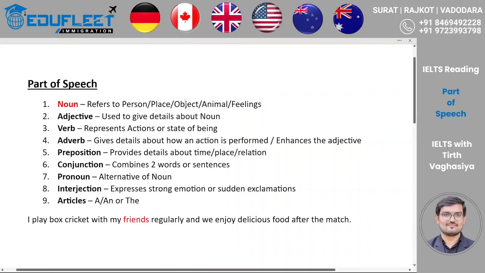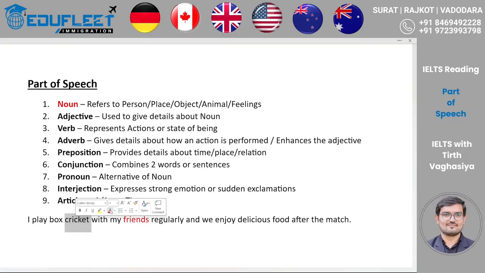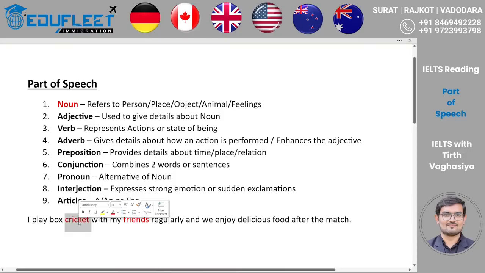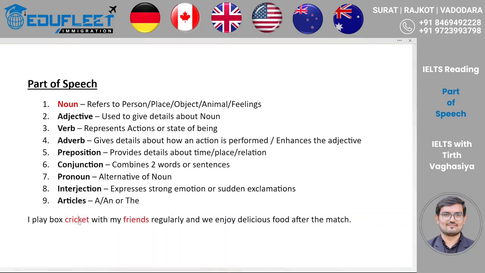You can refer to it as a thing, something under a huge umbrella. If we refer over here, cricket. Cricket is an object because it refers to one particular item. It's the name of a game. That's why it is a noun.